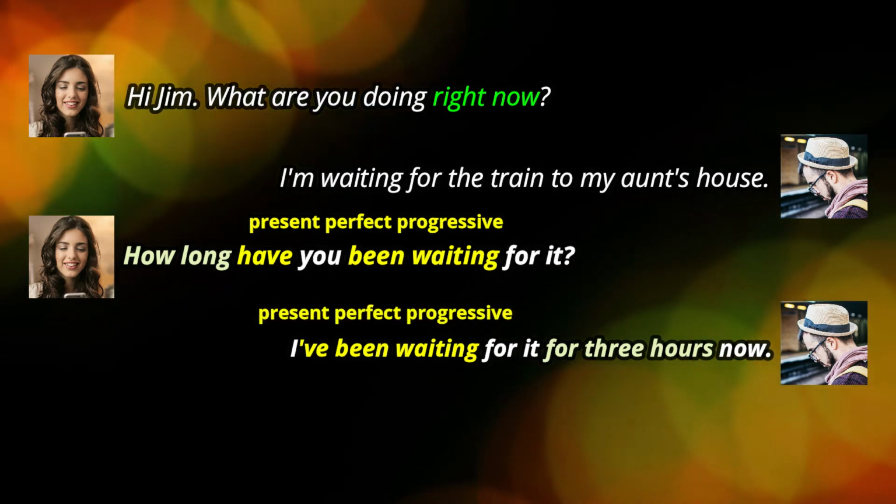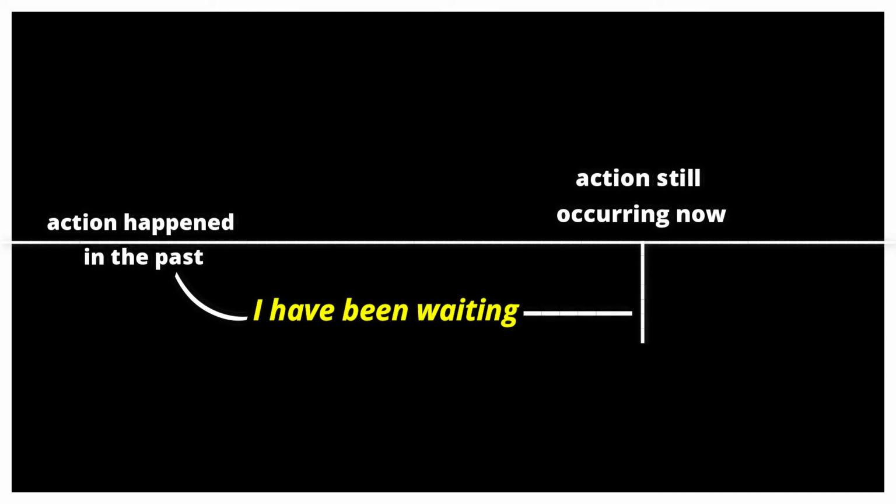The man is describing an action that happened in the past that's still occurring now, all right? Similar to the present perfect tense, right? But this time he's saying, "I have been waiting." So he's waiting, he's doing something at this time. That's that waiting. He's waiting right now. Okay, it's happening now.